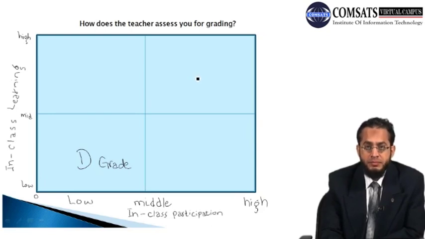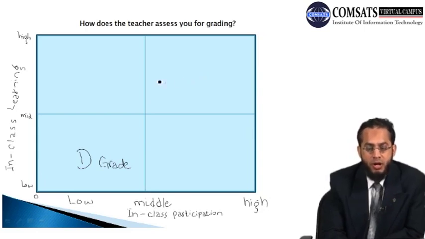Because this quadrant lies, if you look at the x-axis, it is towards the high side, right? Here. And more than the mid side, right? Whereas this quadrant is lying on the lower side, on both axes. Here the x-axis and here the y-axis. And this quadrant is lying on the higher side, on both axes.